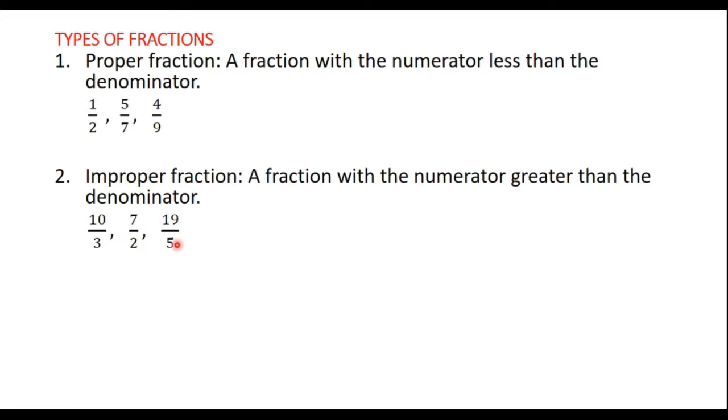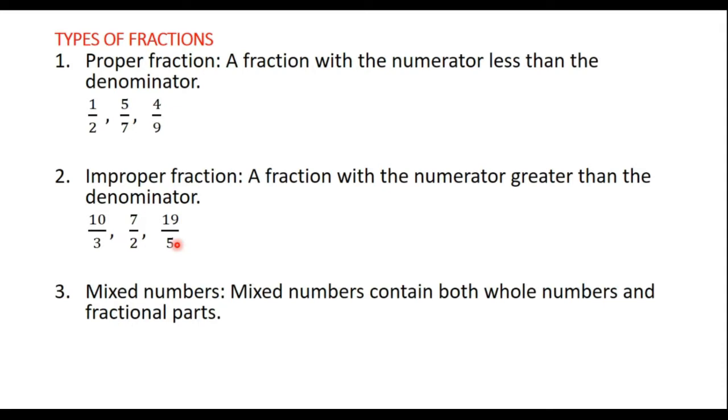We want to consider another one, which we are going to call mixed numbers. Some books refer to them as mixed fractions. Mixed numbers contain both whole numbers and fractional parts. So they are fractions, but you have whole number parts, then you have the fractional parts. The fractional parts are proper fractions.